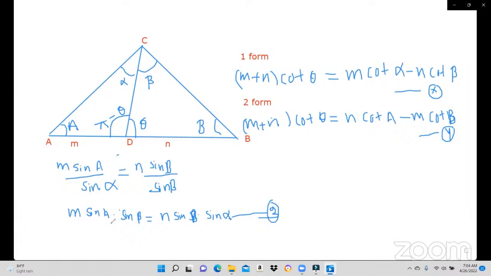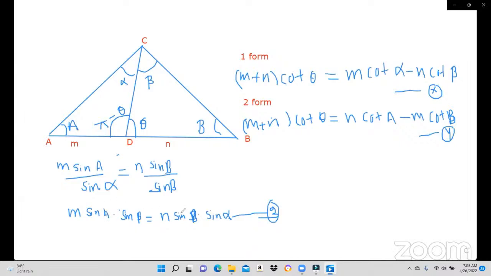Now, first of all, I'm going to prove the first form. If we consider this first form, alpha and beta are available here, but there is no A and B. So according to this equation, instead of A and B, we have to take the form of alpha and beta.